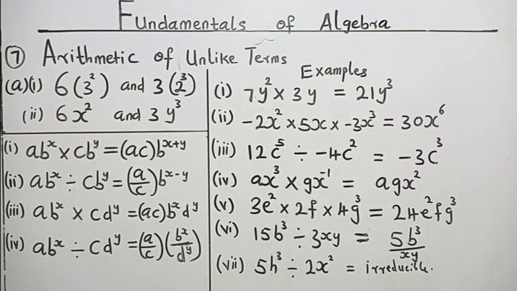Which of these laws do you think is going to help us to simplify it? It is still this one. Why is it so? It is because the coefficients a and g might be different, but they have a common symbol. This is x, this is x. Because of that, a times c corresponds to a times g. See it here. Then common b in this law corresponds to common x in this example.